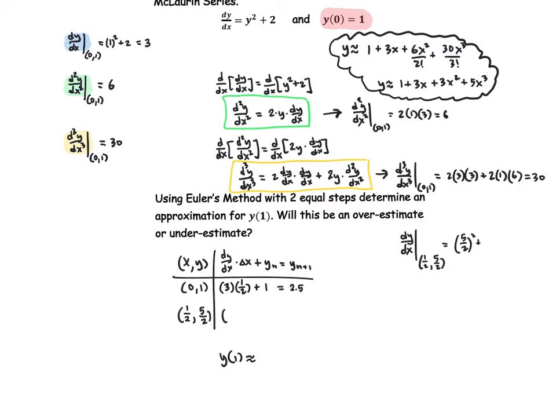Actually, sorry, I'm going to write that as 8/4. You'll see why in a second. So 5 halves squared is 25/4 plus 8/4, which is going to equal 33/4. So 33/4 is dy dx located at x equals 1/2 and y equals 5 halves.